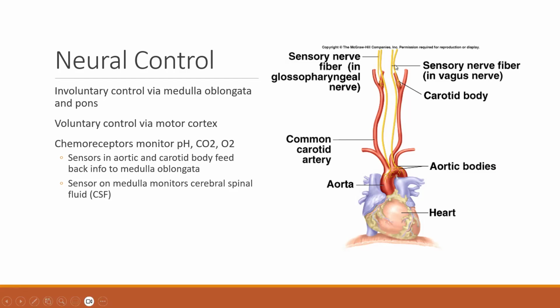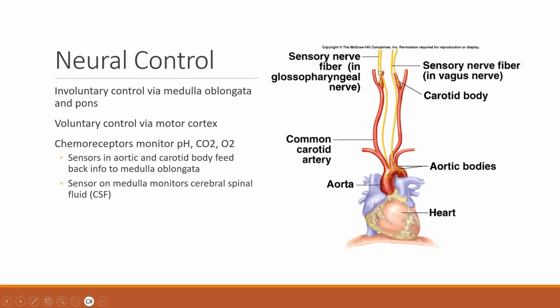And then in your carotid body, what this is pointing to is the internal carotid artery, which, if you remember, goes to your brain. Your brain needs oxygen. It's going to consume the most oxygen in your whole body.